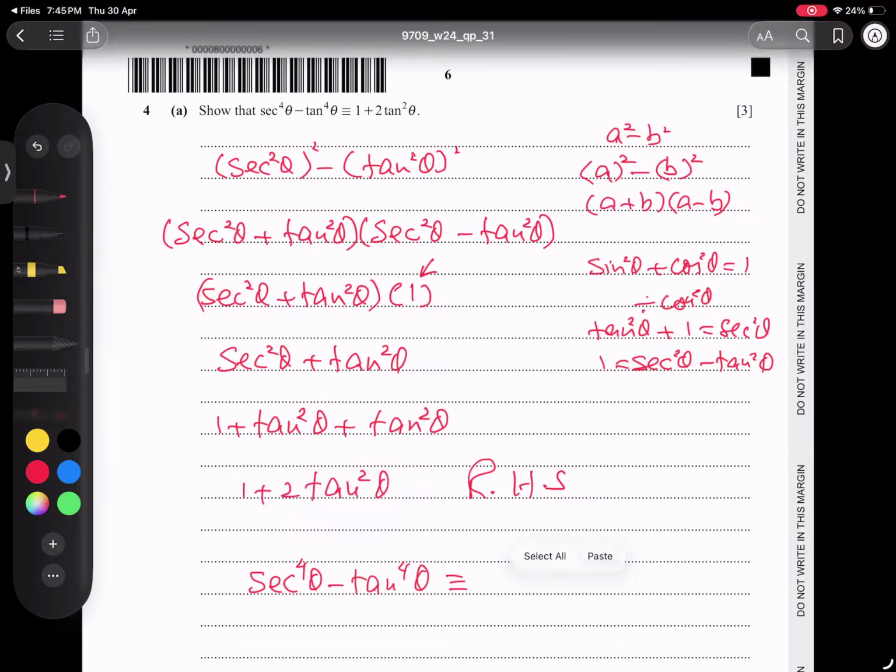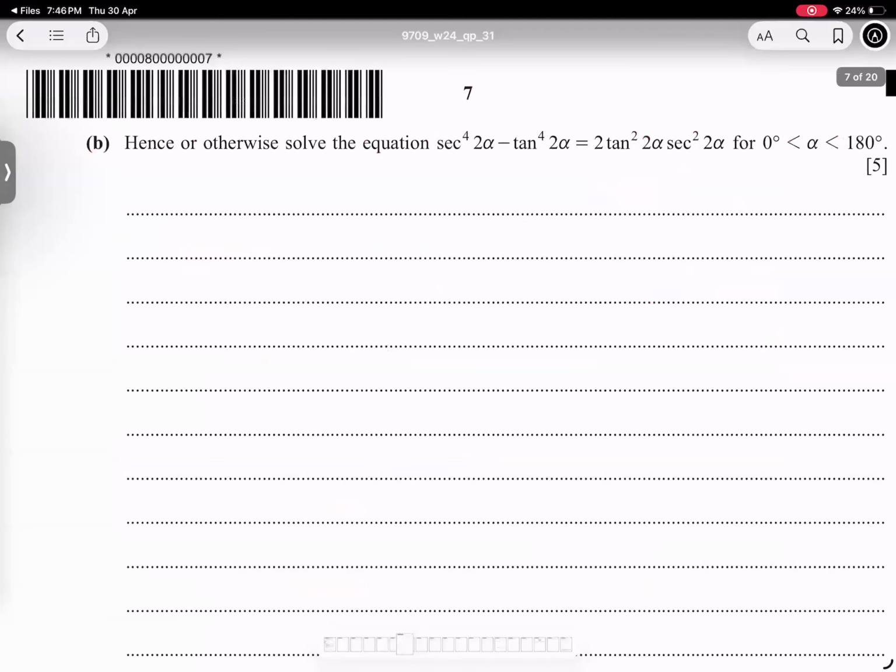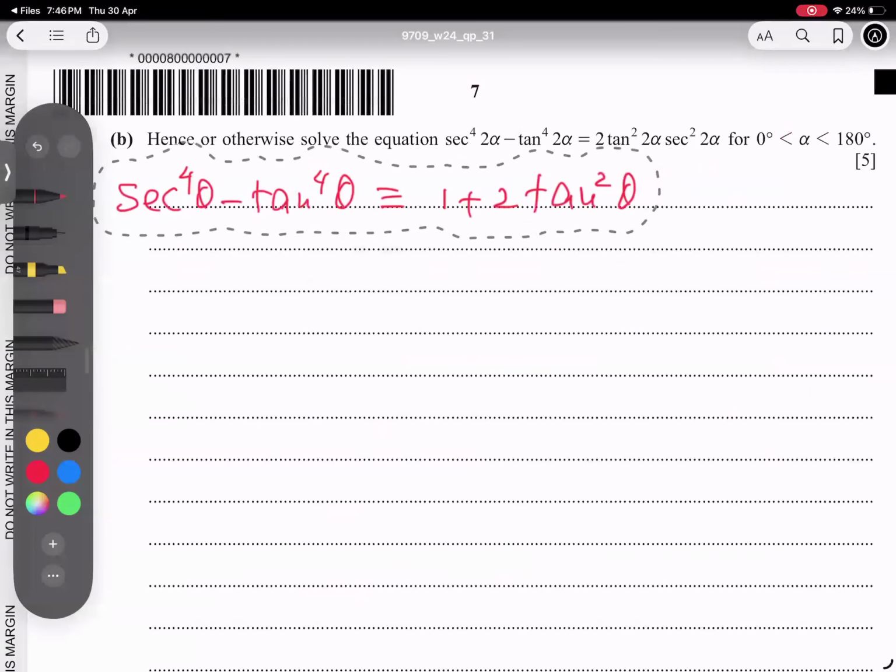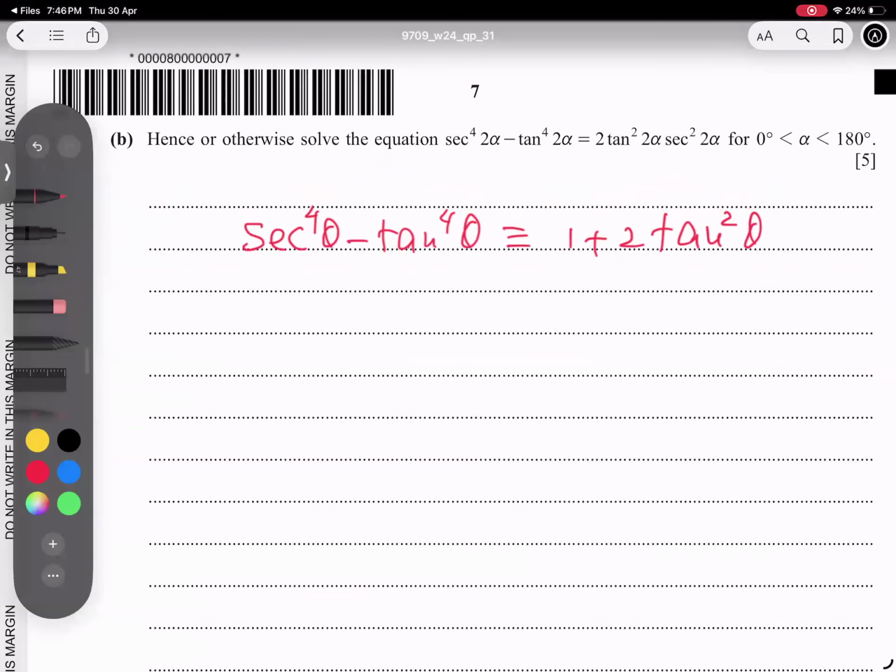I have done this already. So this complete expression, this complete identity, I'm bringing on the other page. It will help us to solve. So students, I'm writing now here, this is given, as we know, as we did in A part.